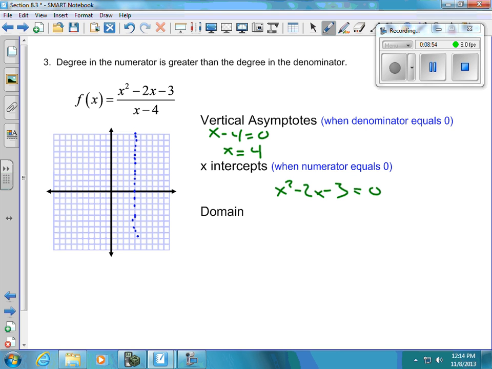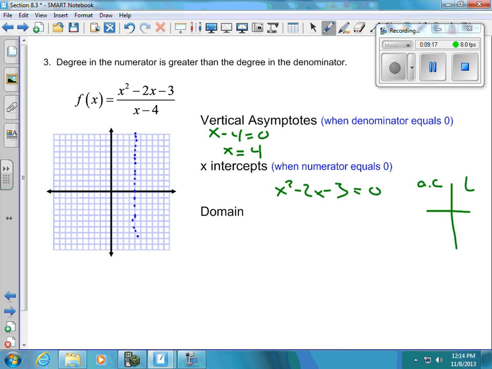You could also graph that one on its own, x squared minus 2x minus 3, and see where it crosses the x-axis to find the zeros, intercepts, roots, whatever you like to call them. Or we could complete the square. So there's many methods we can do. Let's do bottoms up if we can. We'll do some practice because we'll be using that method coming up in the next few sections.